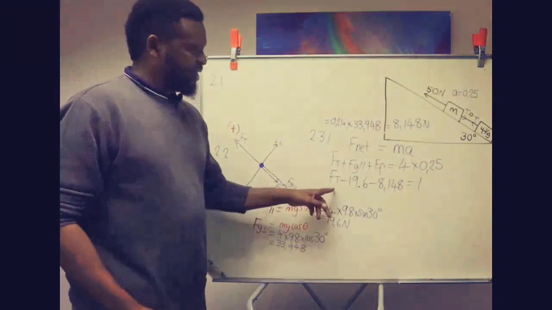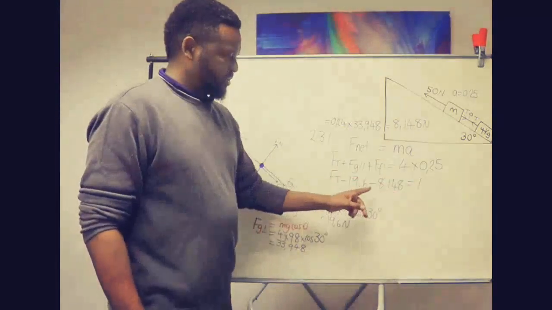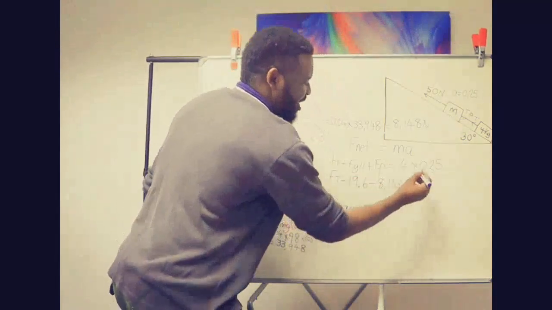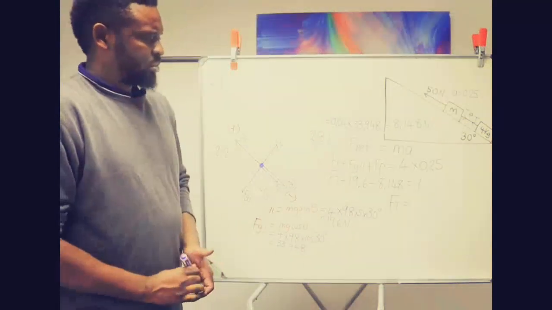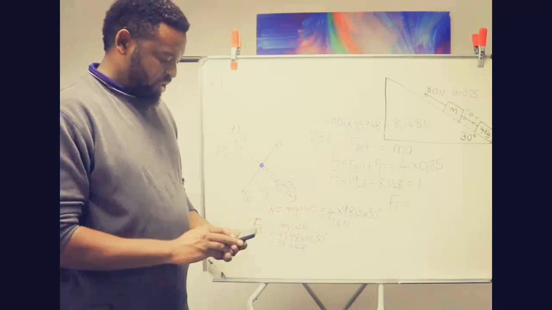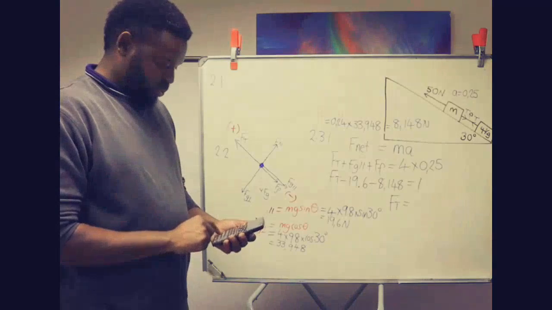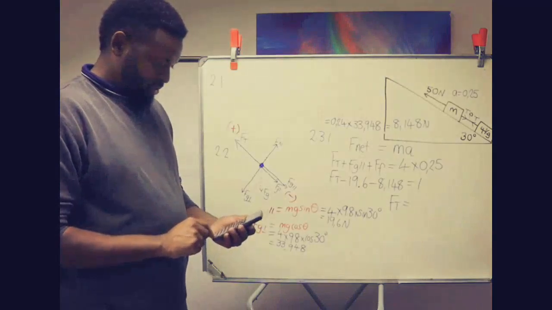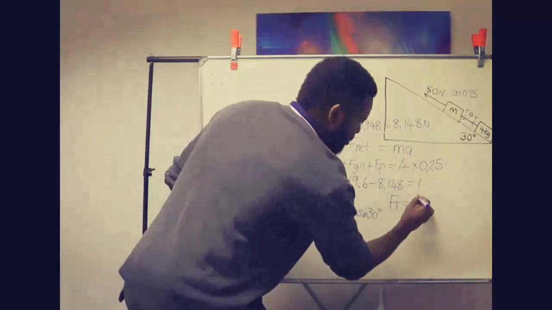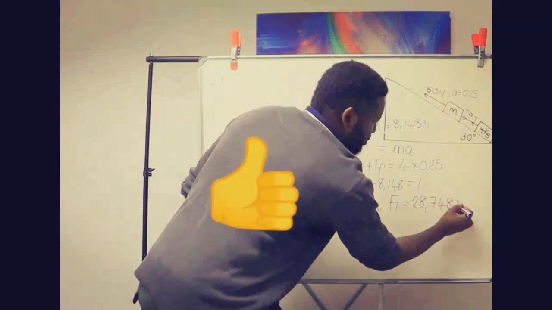Now, to get the value of Ft, group the numbers on the other side, isn't it? All these numbers become plus. So the force of tension, we're going to add all those numbers. 1 plus 19.6 plus 8.148. 28.748 newtons.